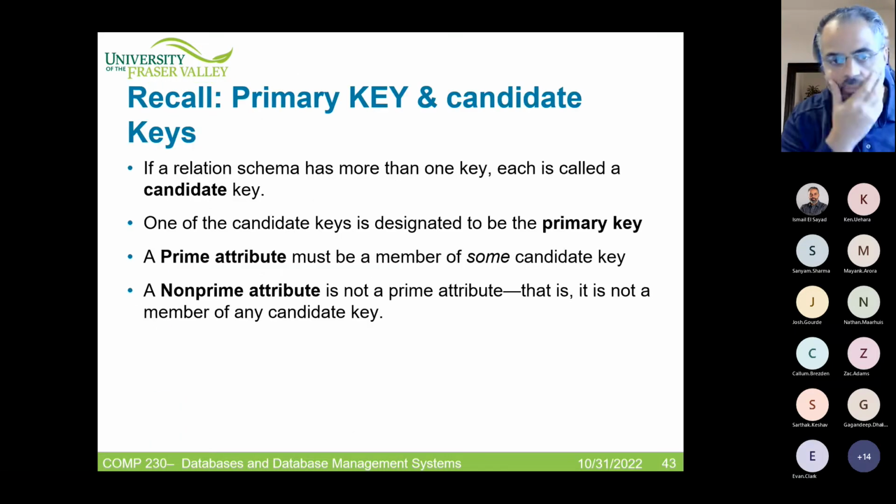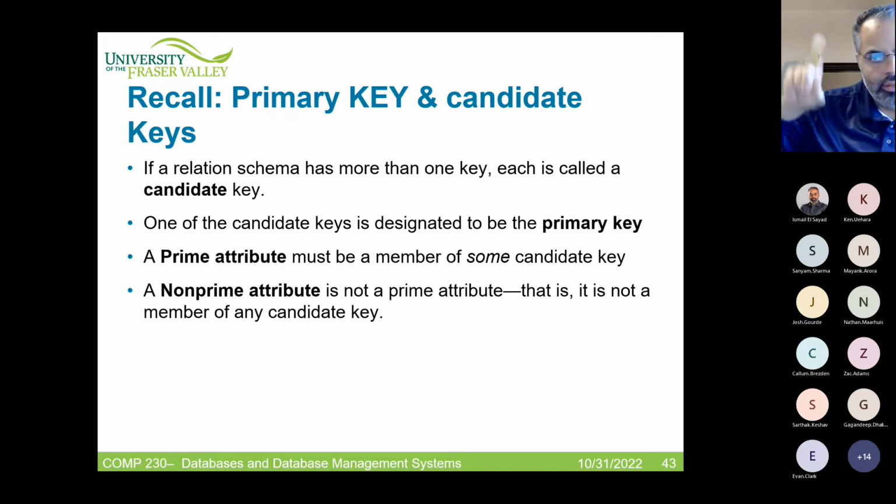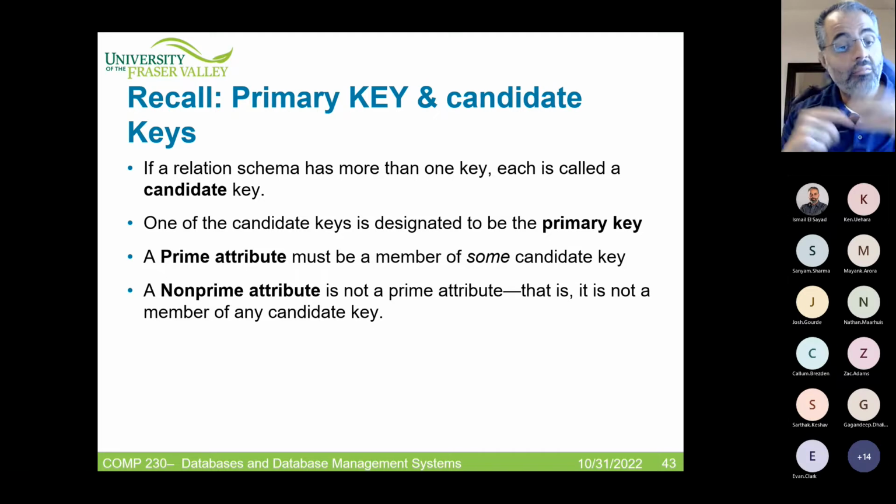Okay, BCNF. Just a recall about what we have already. Candidate key, and we also have something we name the primary key. We may have more than one candidate key. A prime attribute means a member of some candidate key. A primary key, we can see as a minimal candidate key.